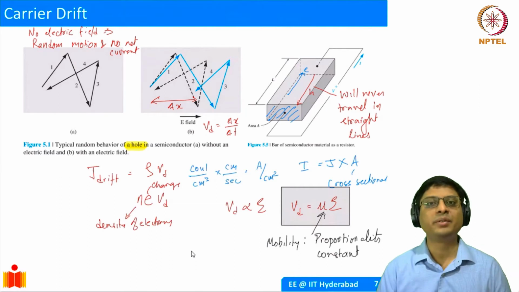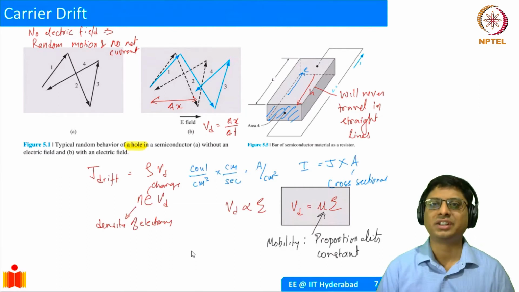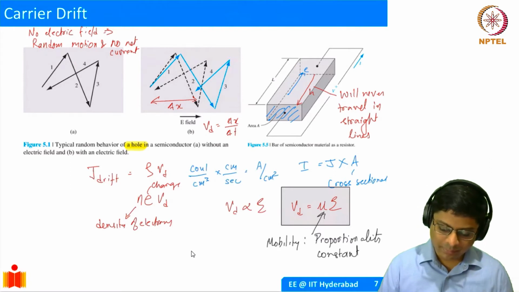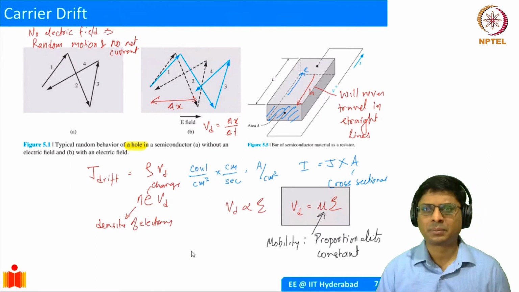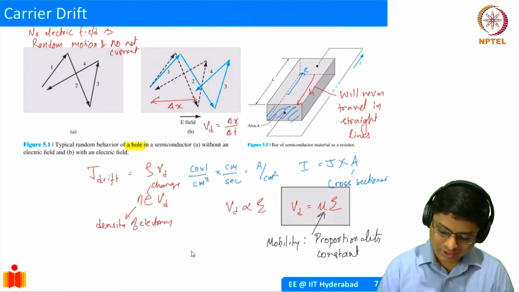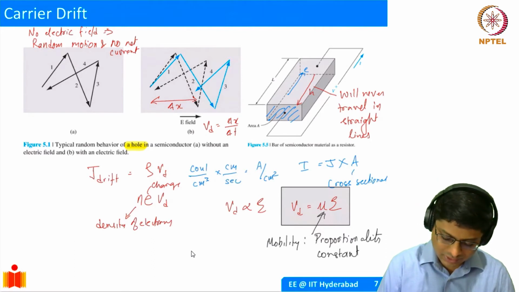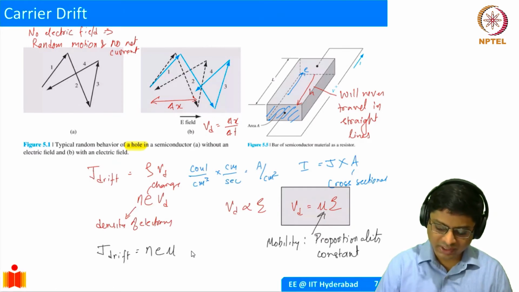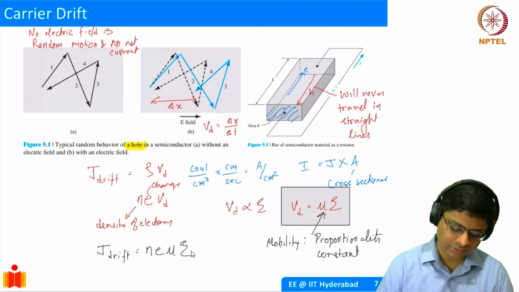This is a term we will hear very, very often in semiconductor devices. So here, J drift is going to be the charge density times the electron charge times the mobility times the electric field.